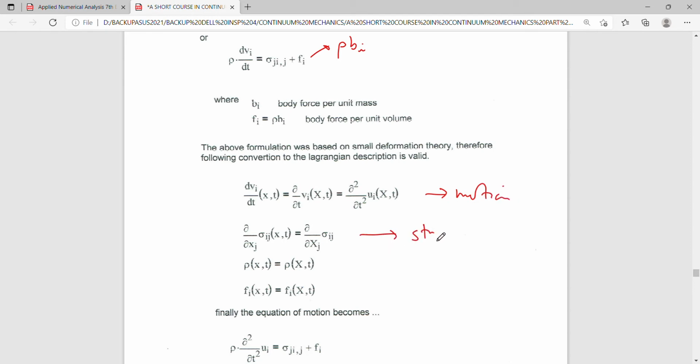Okay. So in terms of stresses, we can say that the partial derivative of a stress field in terms of the Eulerian description is simply equivalent to the partial derivative in terms of the Lagrangian description. And so with the density, and so with the body force. Okay, so this is the mass density, and this is the body force.